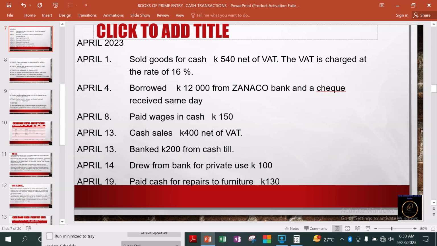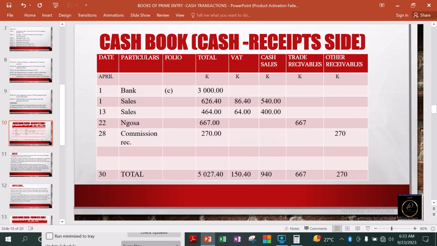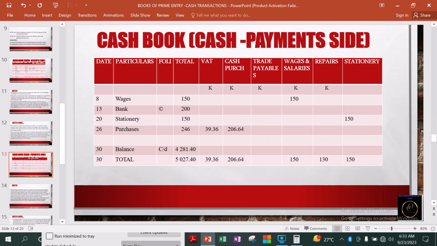So the cash side, we are going to see this in the payments cash side. So we go to the cash book, cash payment side.